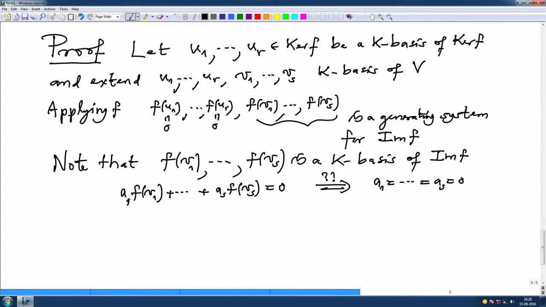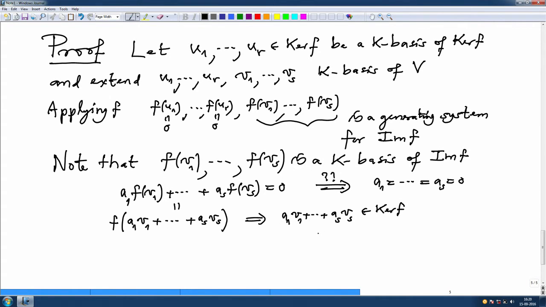But because F is linear, this is nothing but F of (A1 V1 plus ... plus As Vs), and this is 0, but that will mean that this combination A1 V1 plus ... plus As Vs belongs to the kernel, but the kernel has a basis U1 to UR.